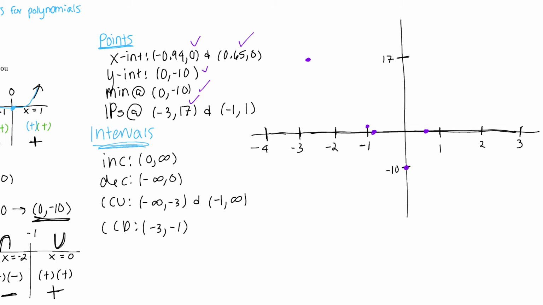Cool. Now I'm going to do my little chart that I do at the bottom here. I'm going to take each of the places where my intervals split up and make my chart with those locations. So I have negative 3, negative 1, and 0.